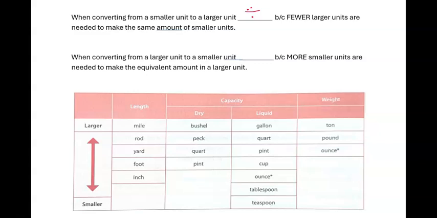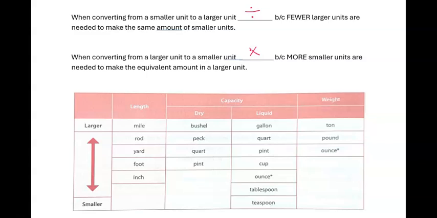So you go from a larger number to a smaller number in this case. And then when you convert from a larger unit to a smaller unit, you're going to multiply because it takes more smaller units to make up the equivalent of the same amount in a larger unit. This is going to make more sense when we practice some problems.